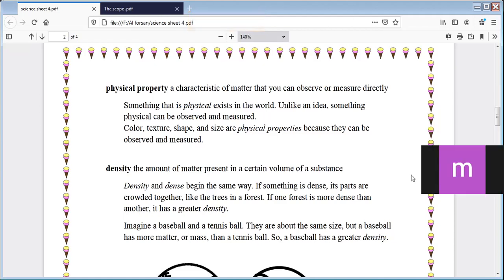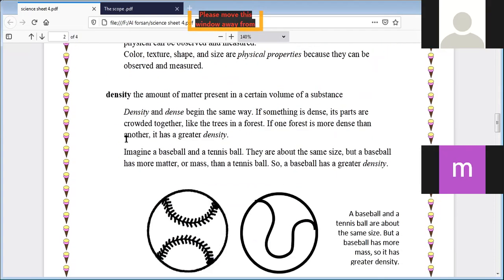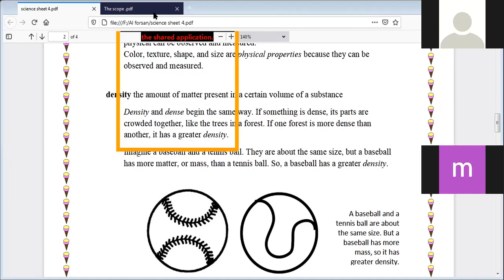Next, density. Density: the amount of matter present in a certain volume of a substance. Density and dense begin the same way.